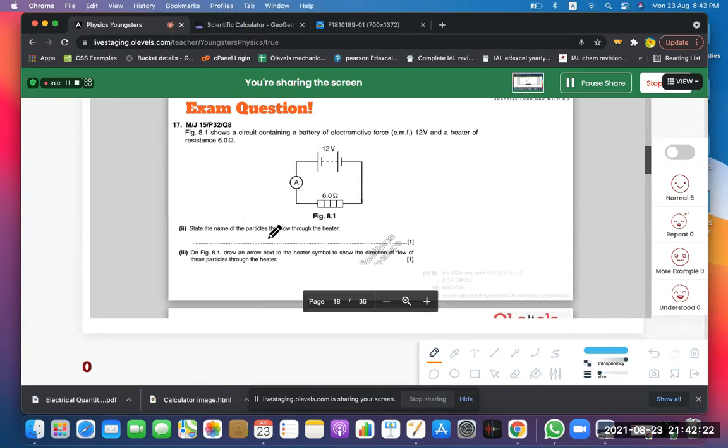First, you have to read the final question. Then we want to underline the keywords in the final question. So instead of reading this first, I will just read out this first. State the name of the particle that flows through the heater. So what's the keyword here?